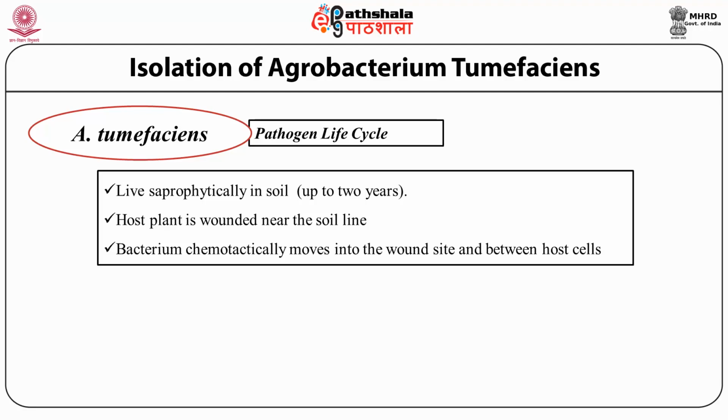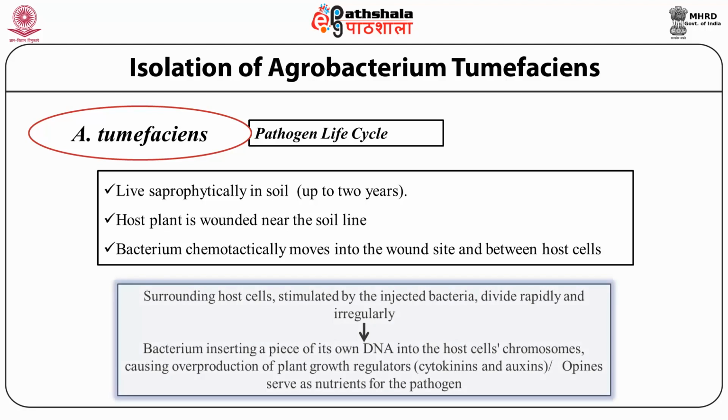The host plant is wounded near the soil line, and the bacteria chemotactically move into the wounded part and infect the host cell. The surrounding host cells, stimulated by the infected bacteria, divide rapidly and form an irregular mass of cells.